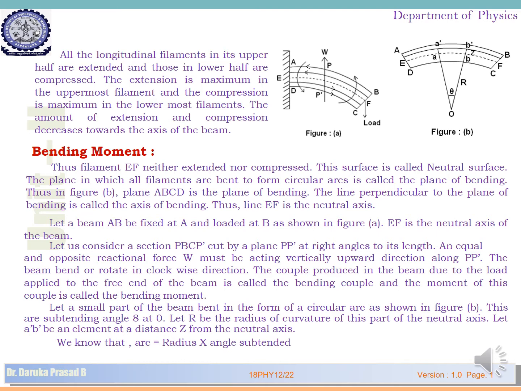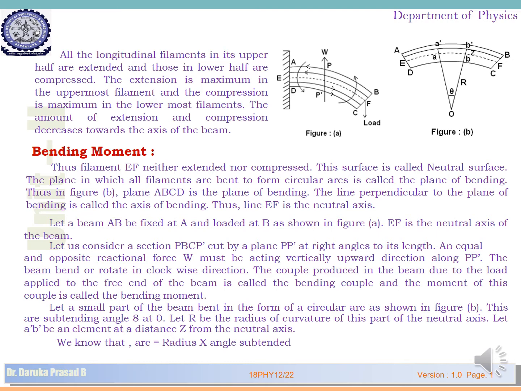Let us consider a cross-sectional plane PP dash, across which the load is applied and an equivalent opposite weight is going to act, and that leads to bending in the beam.